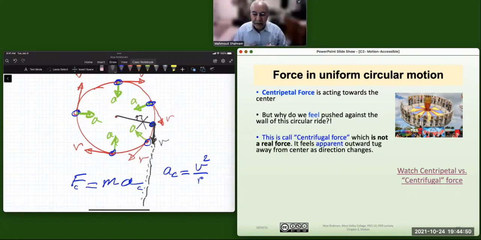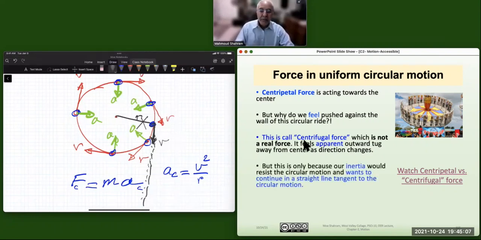There's no force there. It's only your inertia. Your inertia wants to continue moving at 30 miles per hour. Same thing happens here. This force has a name for it. It's a fictitious force. It's not a real force.